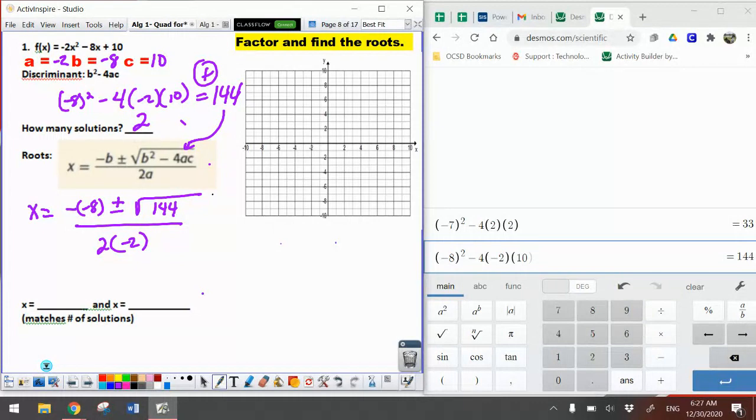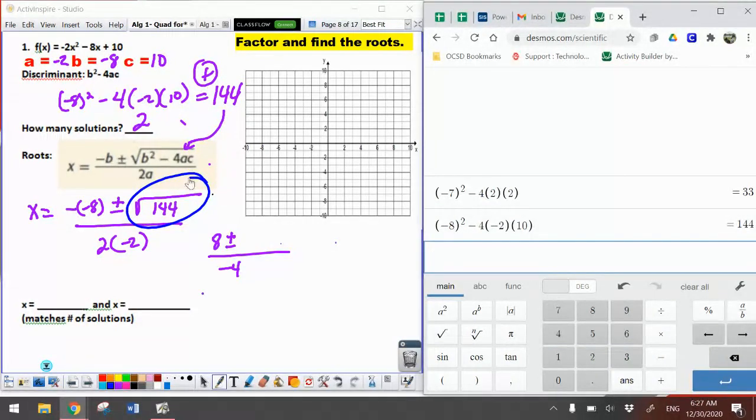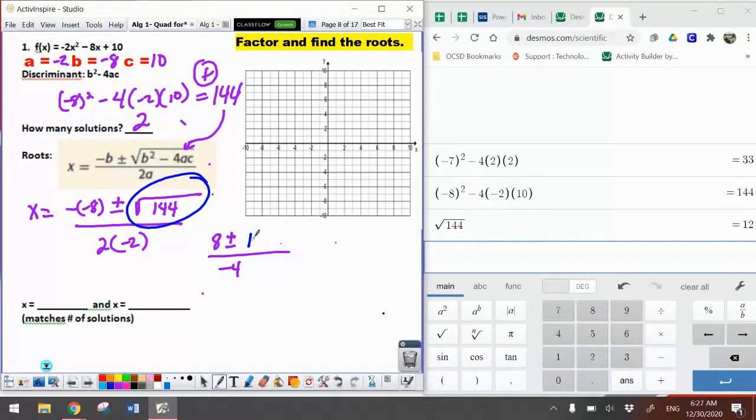To start evaluating this, negative -8 is positive, so I know that 8 is there, plus or minus, and 2 times -2, that's -4. Well, this 144 is a perfect square. If I take the square root of 144, that's going to give me 12. So I have 8 plus or minus 12 divided by -4.